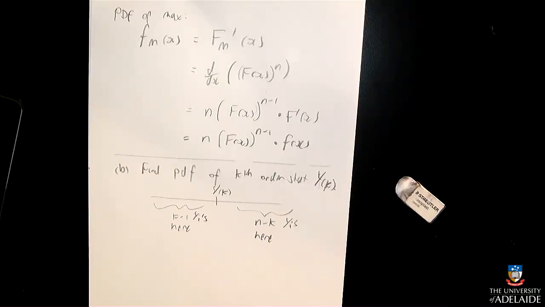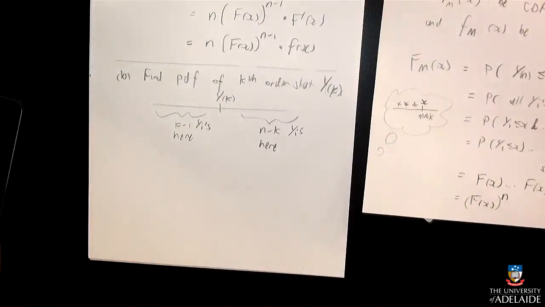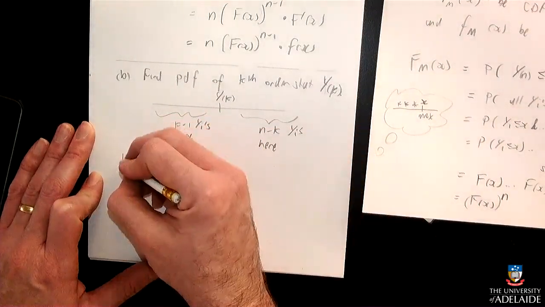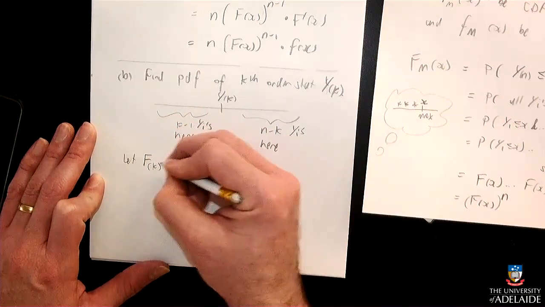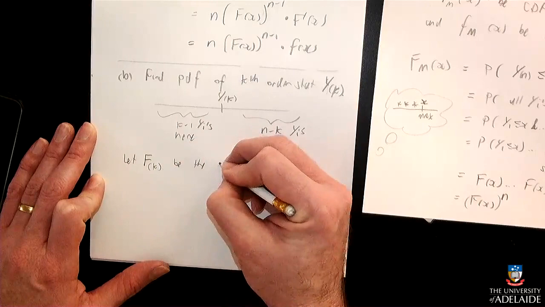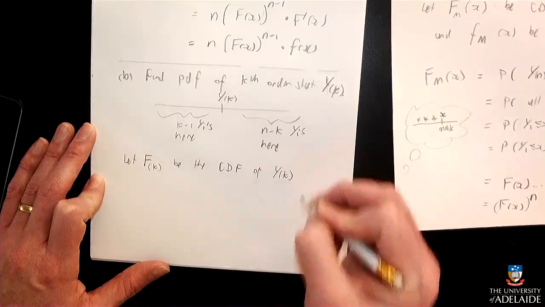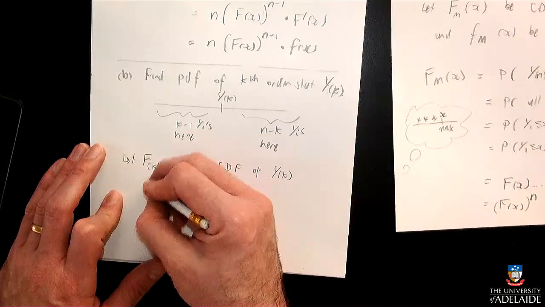Okay. So it seems to me that F bracket k would be the CDF of Y bracket k. That seems reasonable.